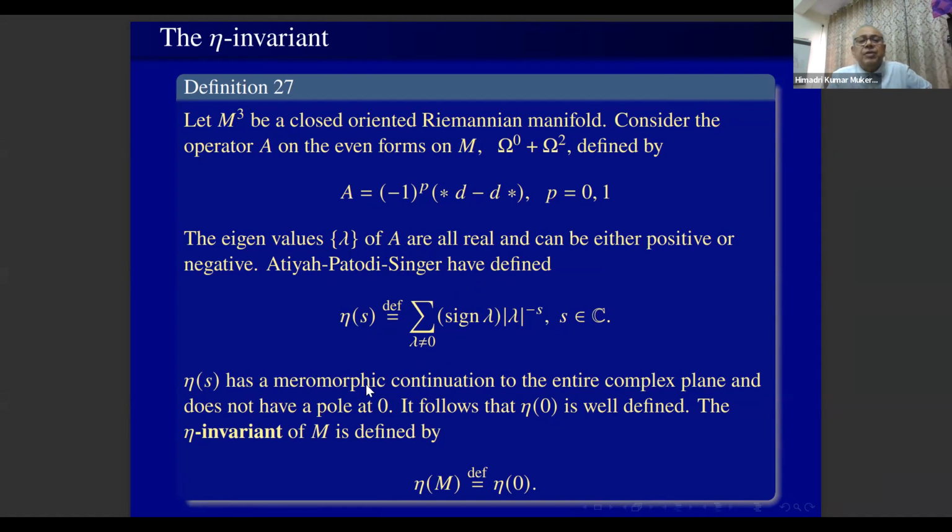It has a meromorphic continuation to the entire complex plane and does not have a pole at 0. Therefore, it follows that eta 0 is well defined because it doesn't have a pole there. So we define the eta invariant to be eta of M equal to eta 0. This is the eta invariant of a manifold.